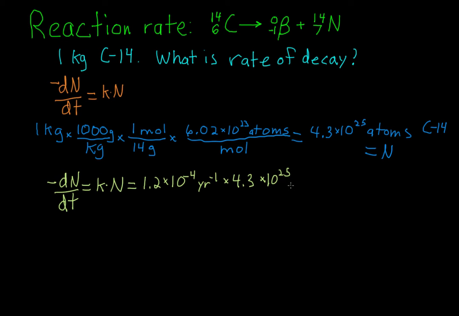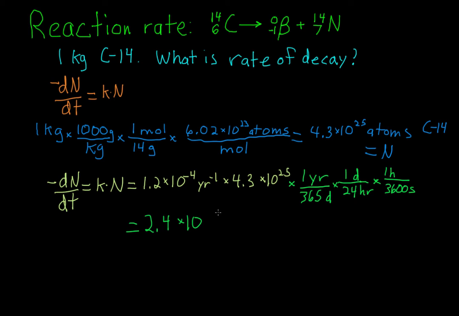So we're going to convert years to seconds, and we get that the rate equals 2.4 times 10 to the 14th seconds to the negative 1. Because this is nuclear decay, we can also say that's 2.4 times 10 to the 14th disintegrations per second.